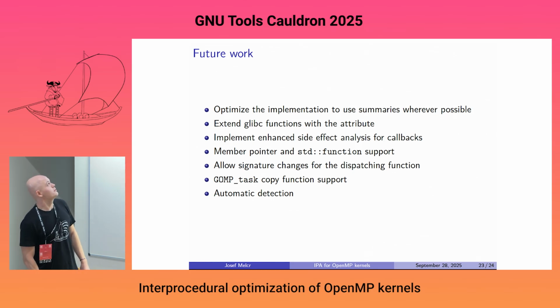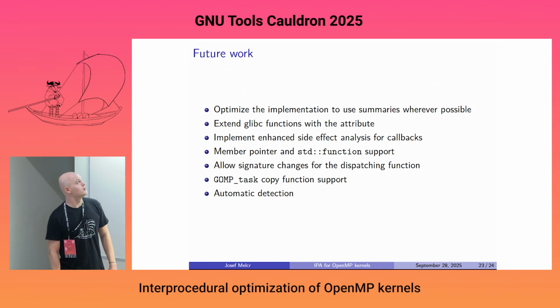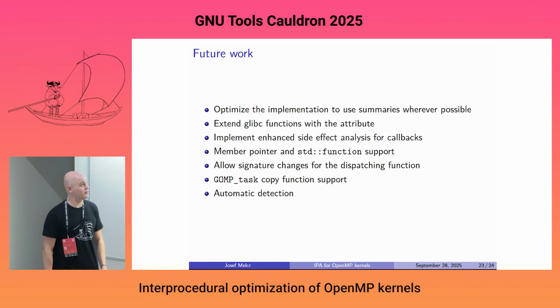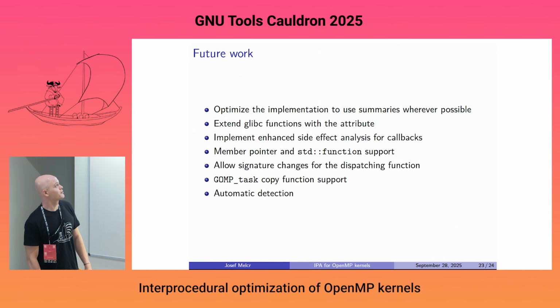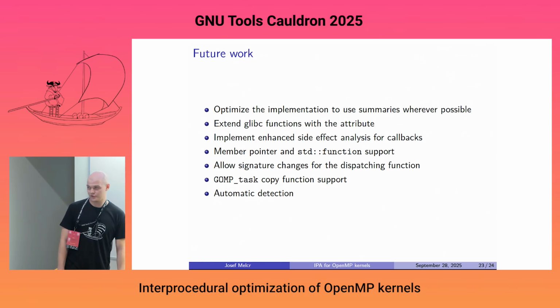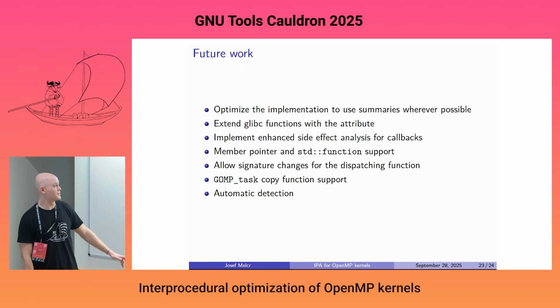Then what I want to do is extend some glibc functions with the attribute. For example, you can annotate qsort with it, or pthread create, which is actually a perfect use for that. And then we can extend some side effect analysis. We can support member pointers, an std function, also lambdas, also if and assume. However, that's really into the future.